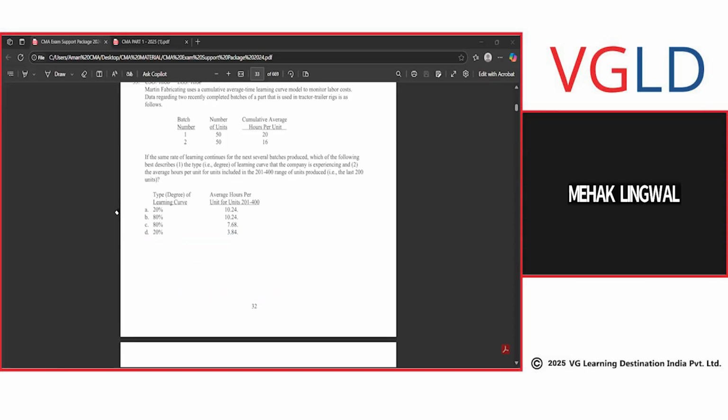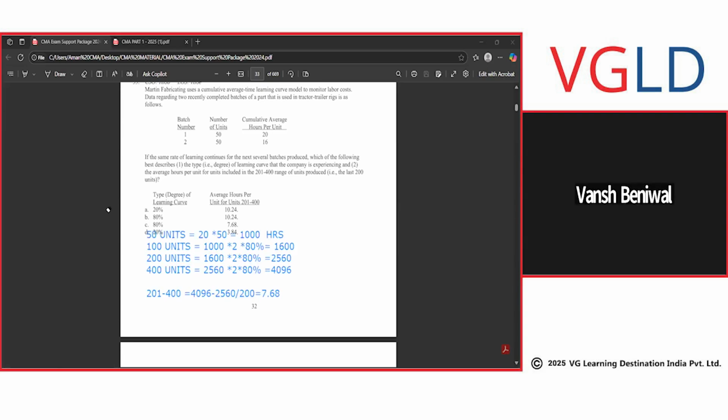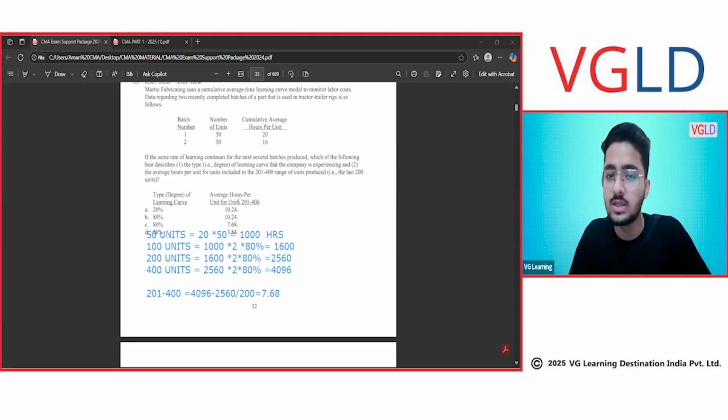Okay, last line, explain a little. The 201, the last one. So they are asking me to find out the range of units. It was 201 to 400, so it will be between 201 to 400.